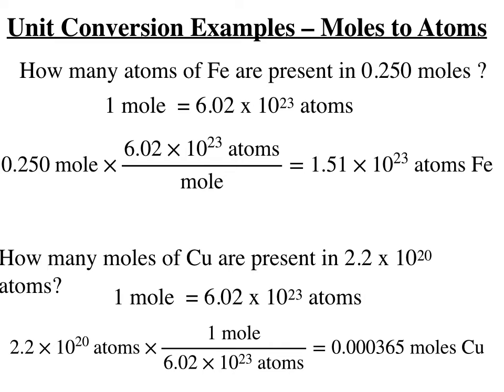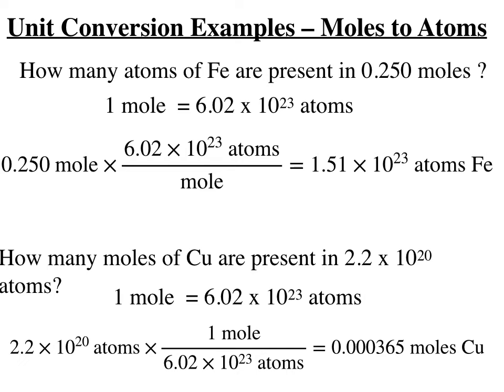But this time, since I'm going from atoms to moles, I line that conversion factor up with the atom part of the conversion factor in the denominator, putting the mole part of the conversion factor in the numerator. Notice the atom units cancel. The only unit I'm left with is mole unit.